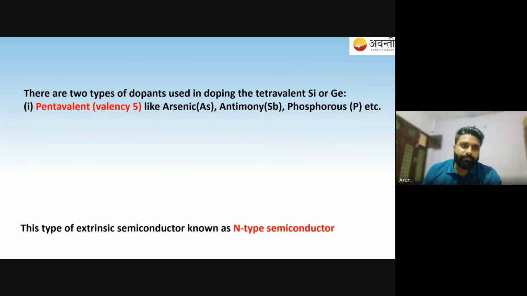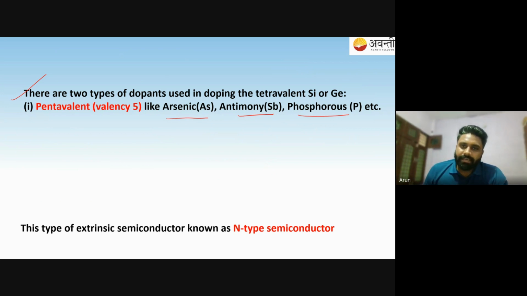So we have two types of dopant on the basis of that. First is the pentavalent, whose valency is 5. Okay, and it is arsenic, antimony and phosphorus, etc. But these are the important ones.